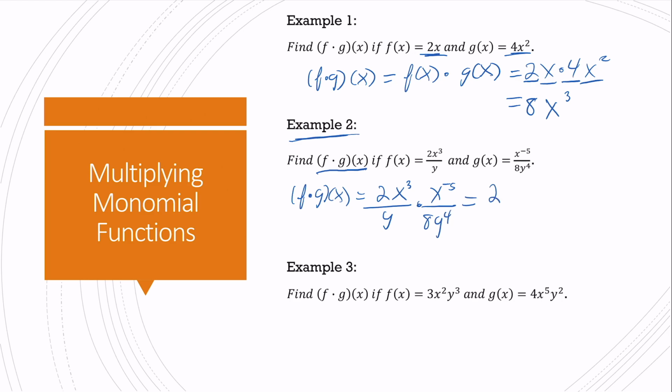That gives me 2x to the negative 2, because x cubed times x to the negative 5 is x to the negative second, over 8y to the fifth, because this has a 1. And then I can simplify my fraction and move my x to the denominator.